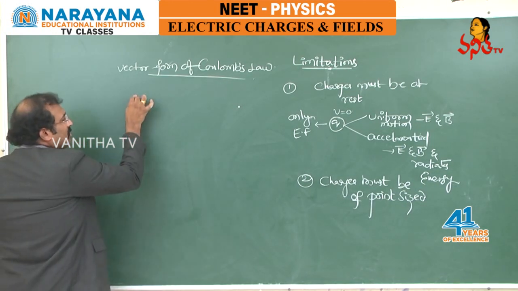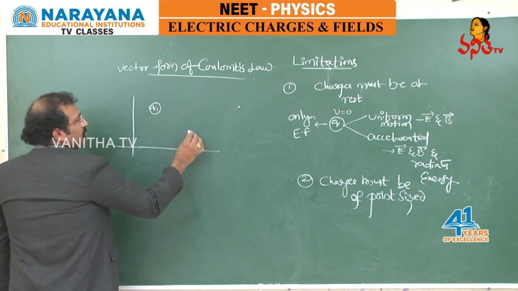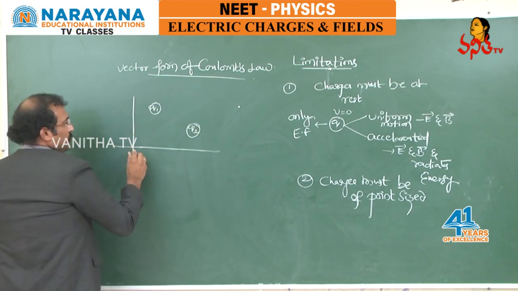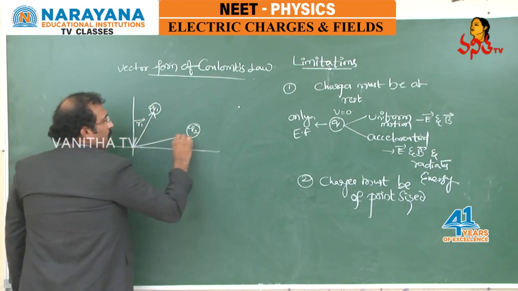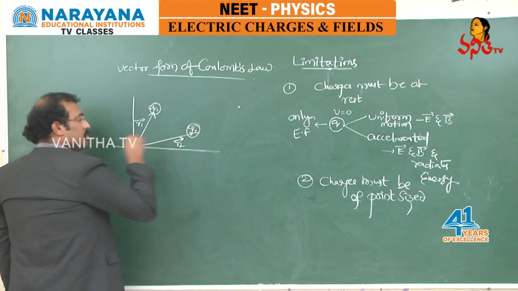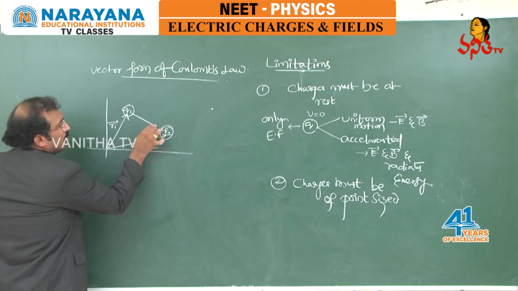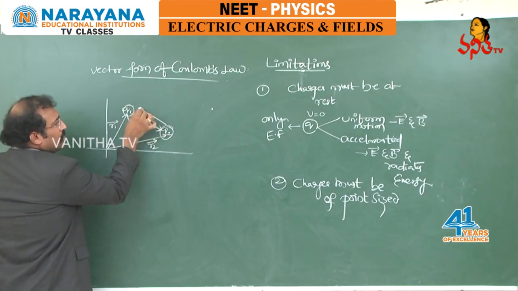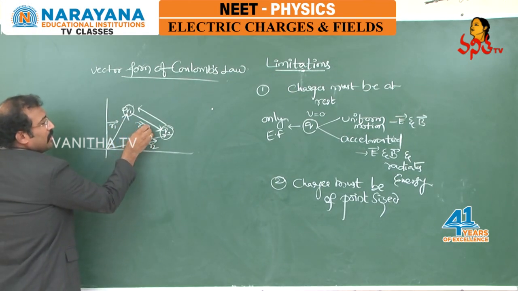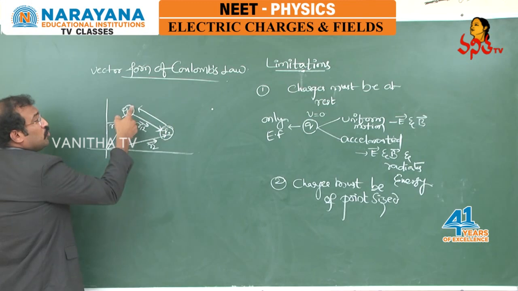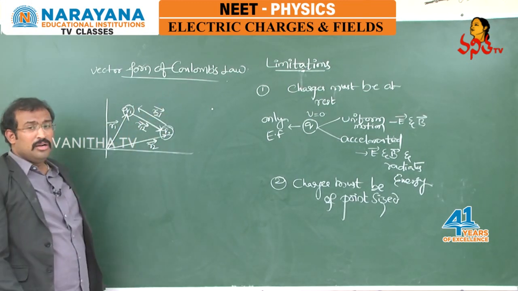Let us see now, consider two charges Q1 and Q2, whose position vectors are R1 bar and R2 bar. This is 1 to 2, this is R12 bar. This is 2 to 1, this is R21 bar.